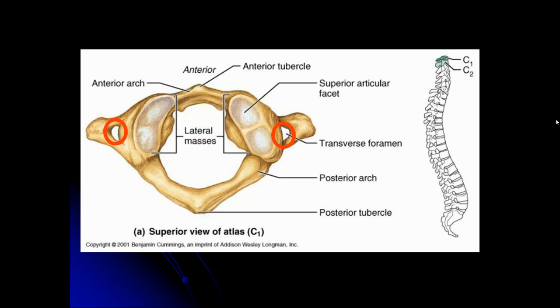What's left is a little depression, and the depression is called the fovea dentis. Remember, fovea means pit. So when you look at the atlas, it has no body. It does have transverse foramina, and then it has this fovea dentis.